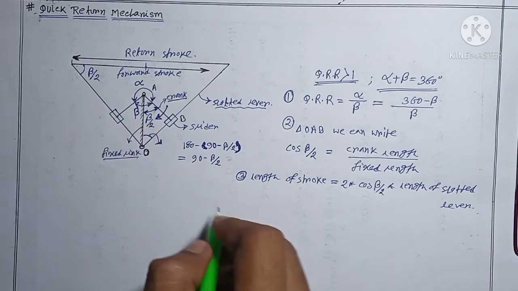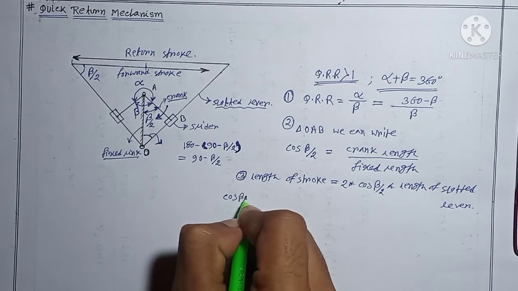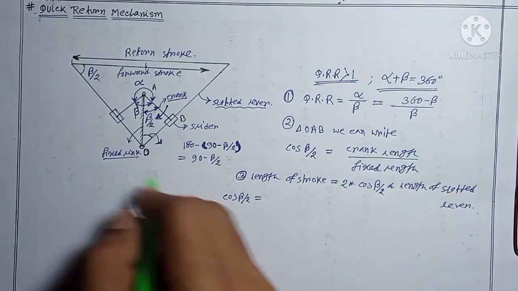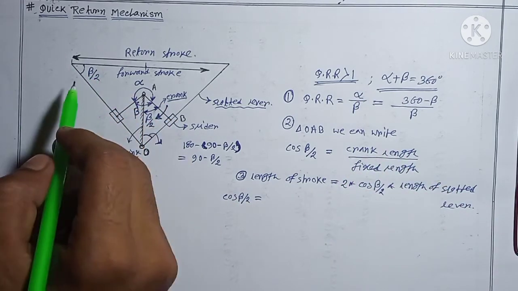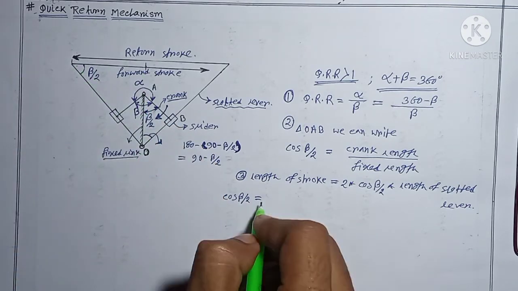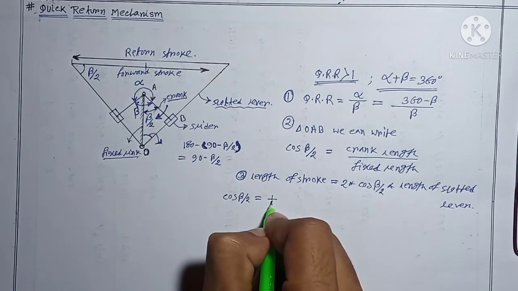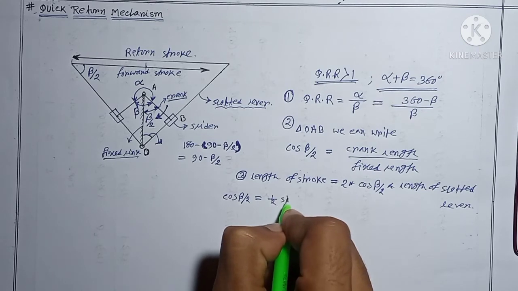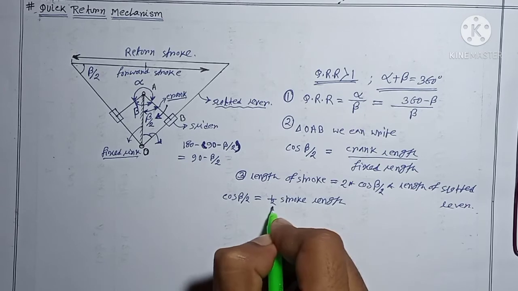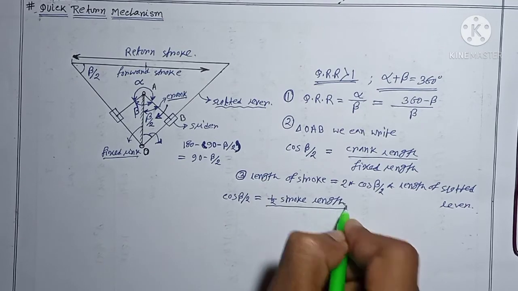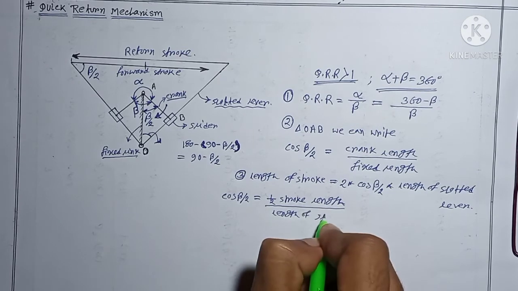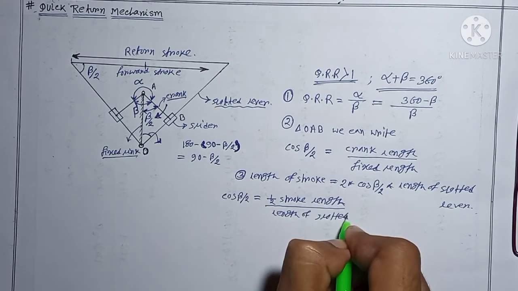Listen, here cos beta by 2 you can find from this triangle: cos beta by 2 is the half of stroke length divided by length of slotted lever.